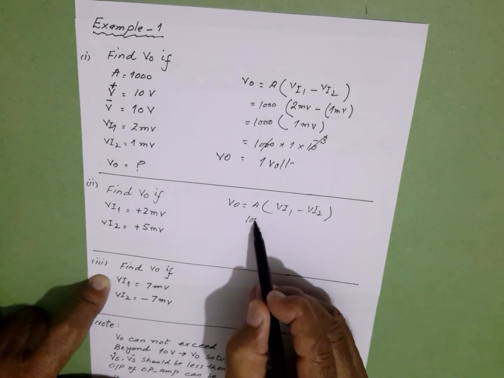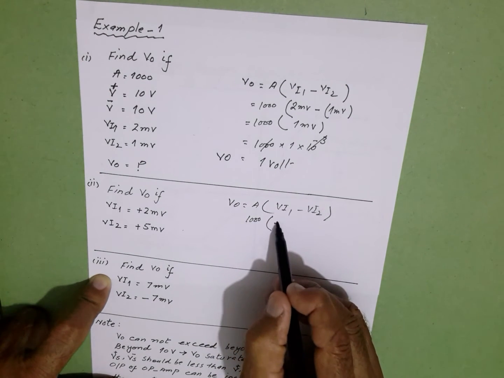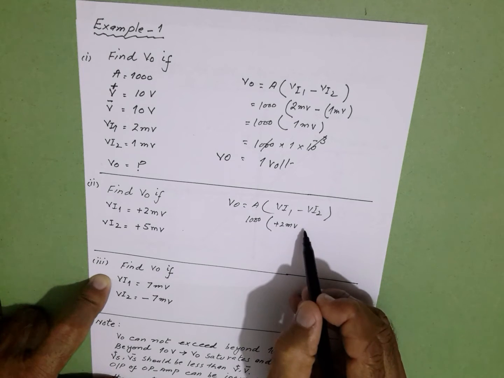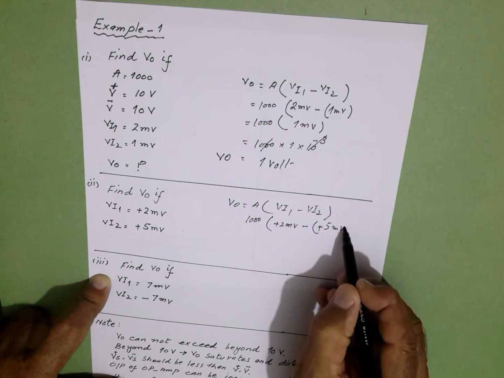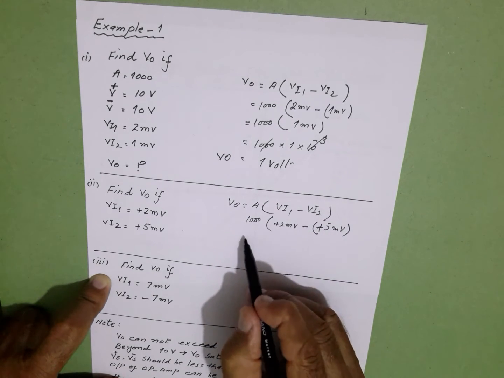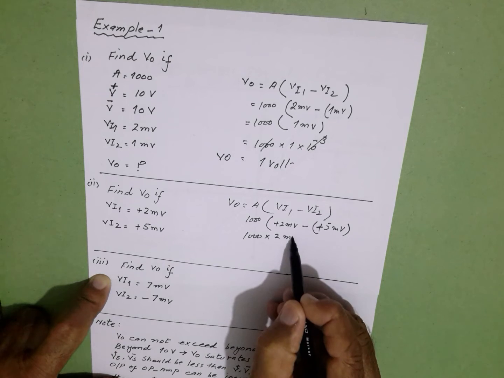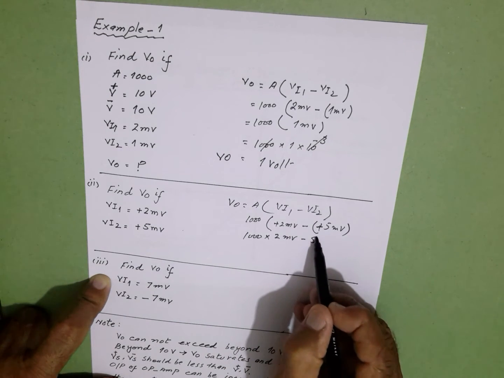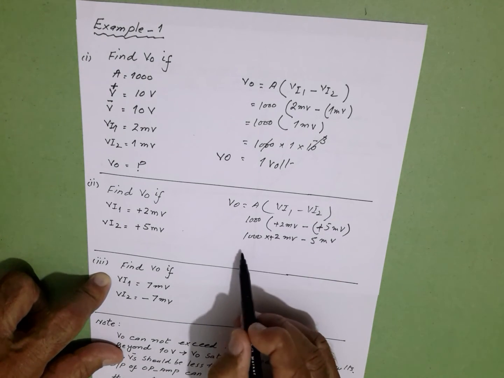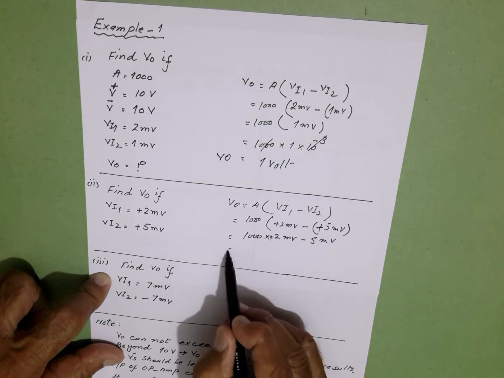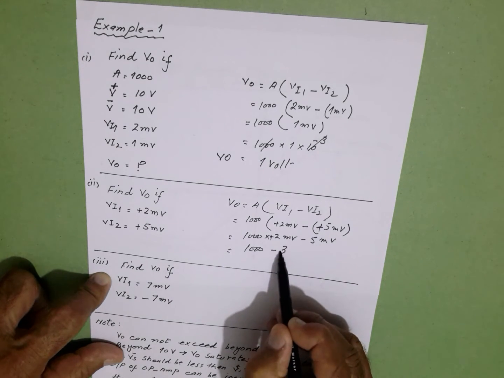A is 1000, so the gain is 1000 into (V input 1 is positive 2 millivolt minus plus 5 millivolt), that is, 1000 into (2 millivolt minus 5 millivolt), and this is equal to 1000 times minus 3 millivolt.